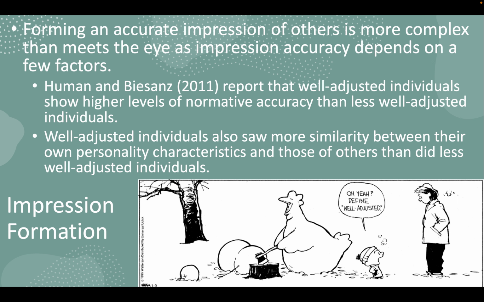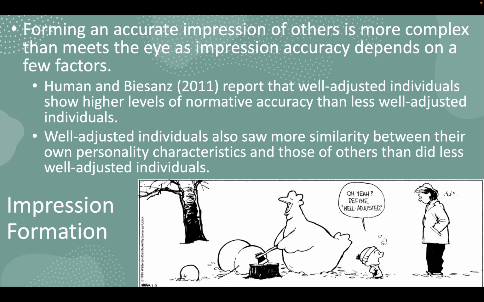Well-adjusted individuals also saw more similarity between their own personality characteristics and those of others than did less well-adjusted individuals. In other words, less well-adjusted individuals see other people as different than them. And better adjusted people see other individuals as more similar to them.